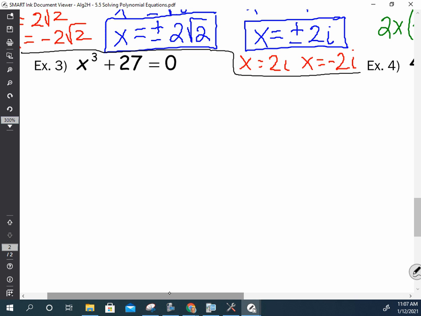So the equation's already equal to 0. So that part's taken care of. There is no greatest common factor. You've got two terms, one of them raised to the third power.